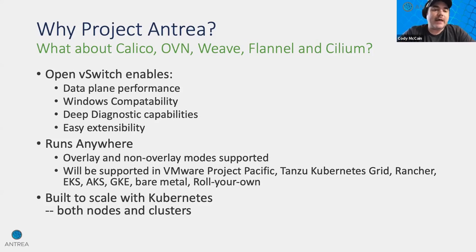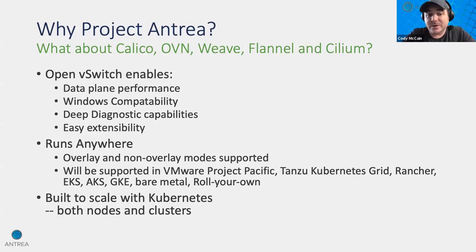And we felt that even with OVN out there, there wasn't a very native, Kubernetes-native approach to networking that took advantage of the stability, the performance, flexibility, and the extensibility that Open vSwitch brings to the table. What we're really hoping to achieve from this project, and we're already seeing some great results in our scale testing and performance testing, is improved data plane performance.